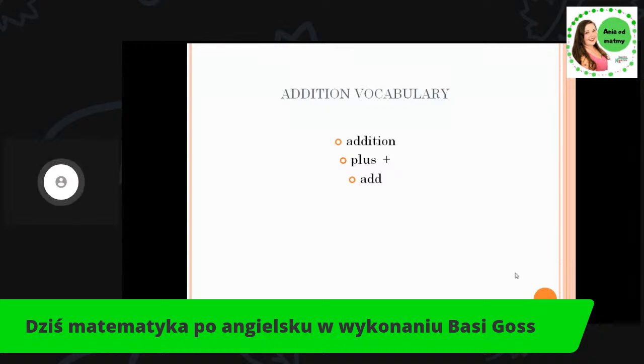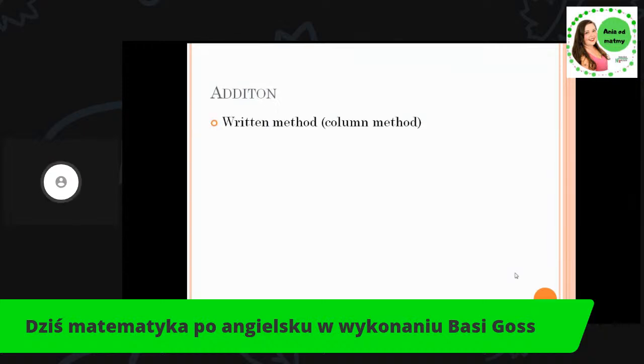So let's start and talk about a written method for addition. We can use a different name, a column method, because we write numbers in columns and we make sure the digits line up. So for using written method, we write the numbers in a specific way.